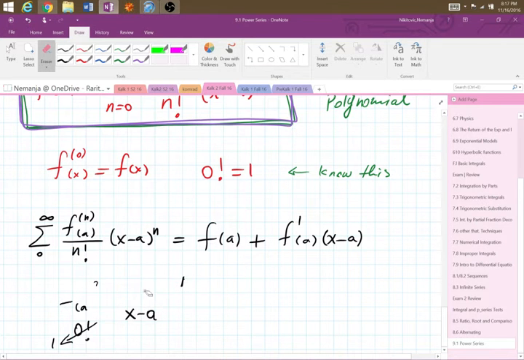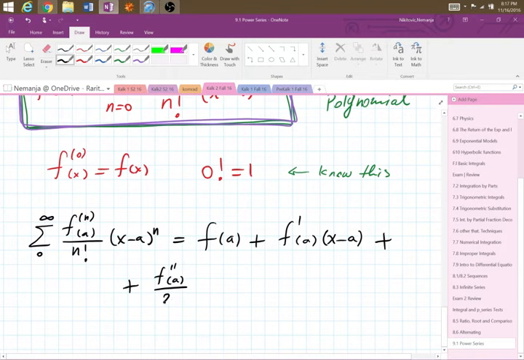Then you get quadratic. Plus the second derivative, because now n is 2, divided by 2 factorial, which is 2, times x minus a squared. Plus the third derivative, divided by 3 factorial, 1 times 2 times 3, 6, computed at a, times x minus a cubed.